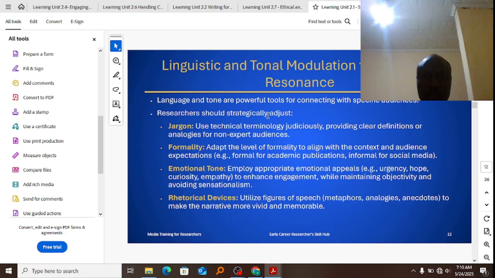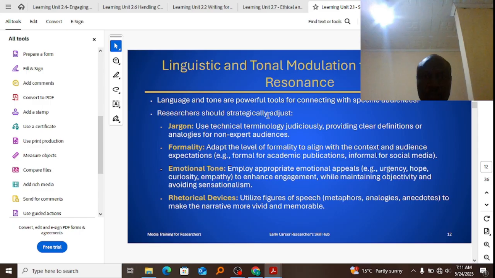So, depending on where you are disseminating this information, are you going to be very formal or informal? Emotional tone: employ appropriate emotional appeals, for example urgency, hope, curiosity, empathy, to enhance engagement while maintaining objectivity and avoiding sensationalism.